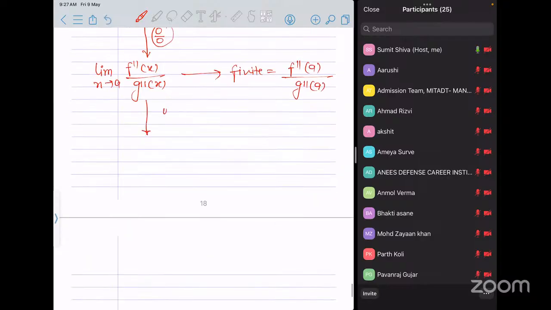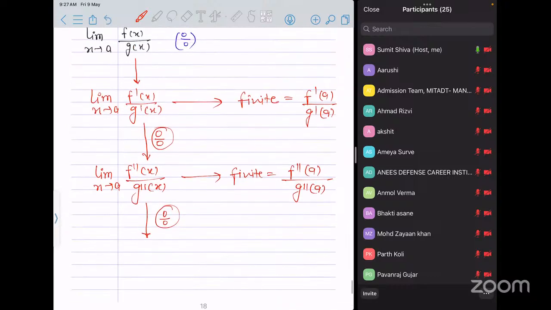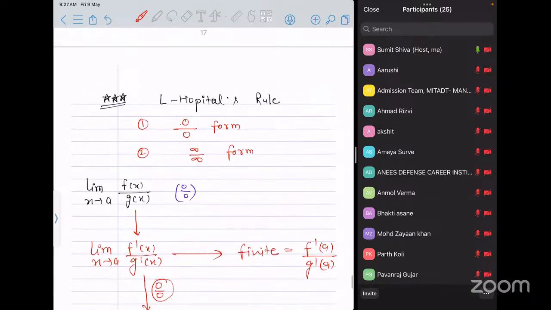If it is 0, again you can differentiate it. But if you are not getting any answer in 2 or 3 steps, then there is no benefit in carrying on the process. Then you just have to go by some other technique or method. So L'Hopital's rule will work if it is going to work in 2 or 3 steps. Are you getting it? If you have a question in 0 by 0 form, you can directly solve it by L'Hopital's rule.